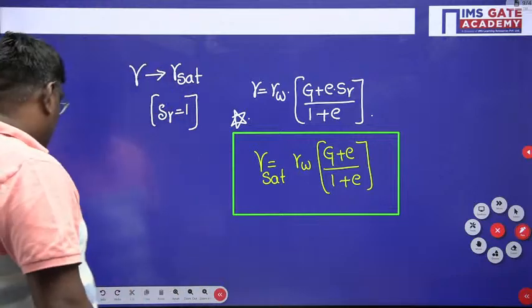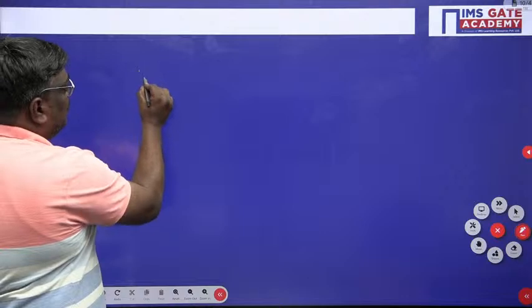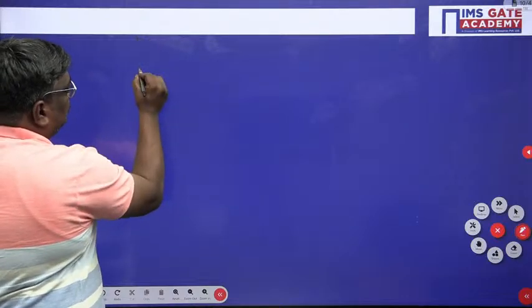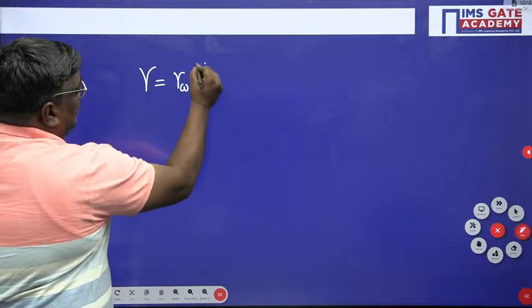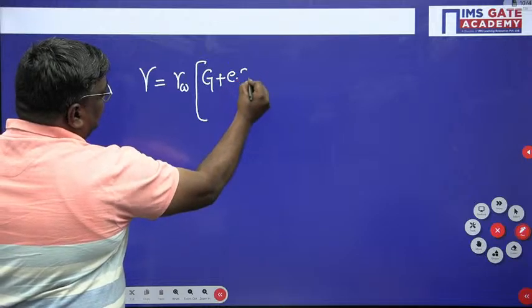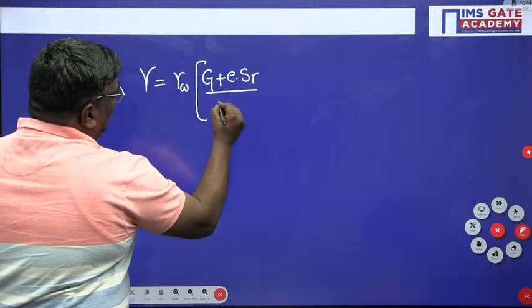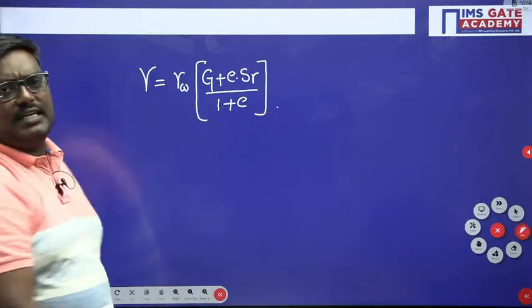Agree? Now let us understand another equation. Now see students, we know gamma is equal to gamma W into G plus E into SR upon 1 plus E. Agree or not? Any doubts in this, students? We know this is the standard formula.